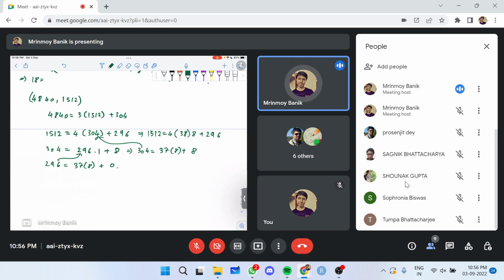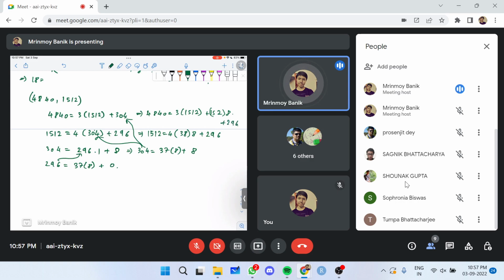We can actually directly substitute the value of 304 here in this equation: 4840 equals 3 times 1512 plus 4 times 38, 38 into 4, that's 152 times 8, plus 296.